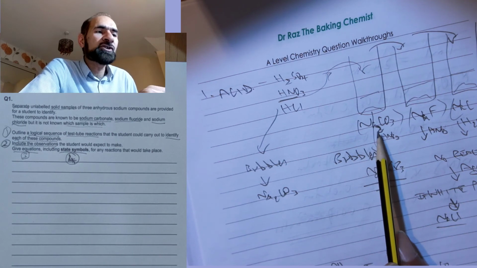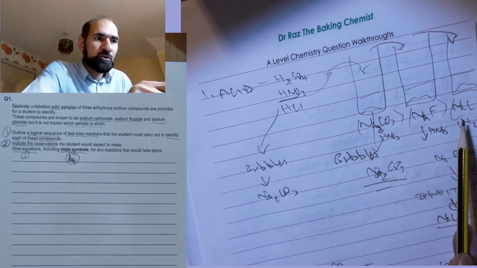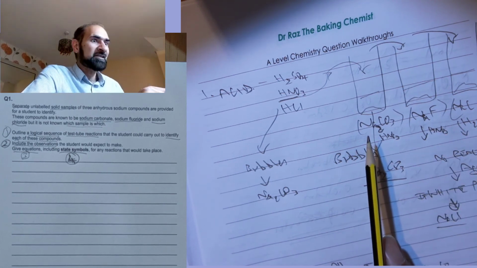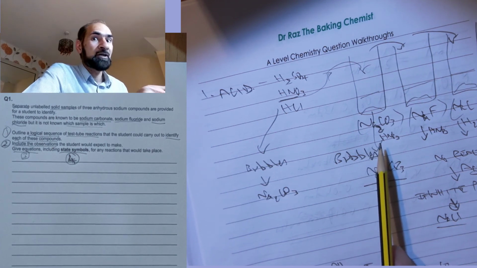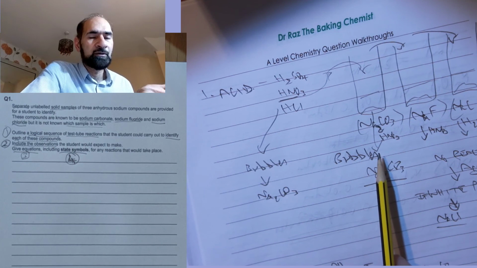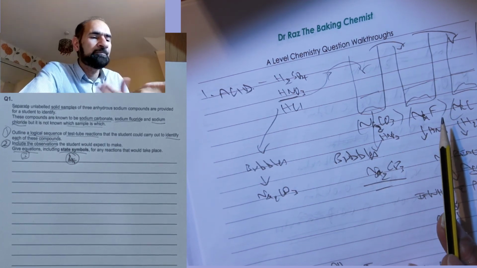But you can't assume that this test tube is sodium carbonate, this one is sodium fluoride. It's got to be as if it's an unknown. You can't say I'm going to add nitric acid to the sodium carbonate powder sample, because you don't know which one is sodium carbonate.